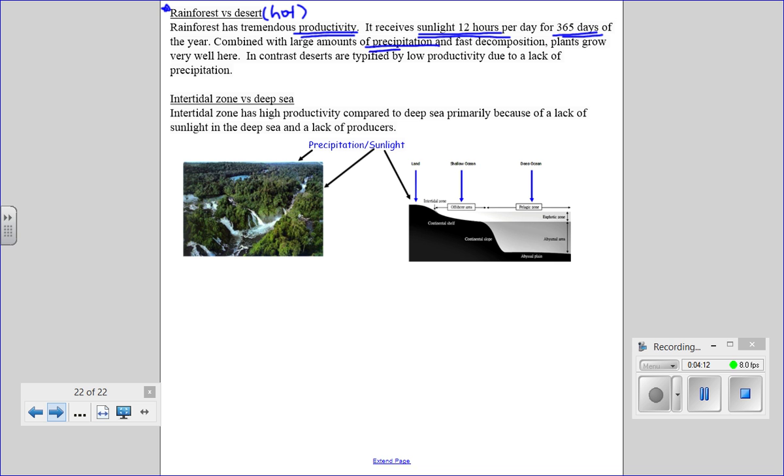If we combine that with precipitation and fast decomposition, plants grow very well. So we've highlighted a few of the factors that are necessary for productivity. Sun is definitely one, water is one, and so is the availability of nutrients. So if we determine the productivity of an area, it's not only going to be based on available solar energy, it's going to be based on these other factors as well.